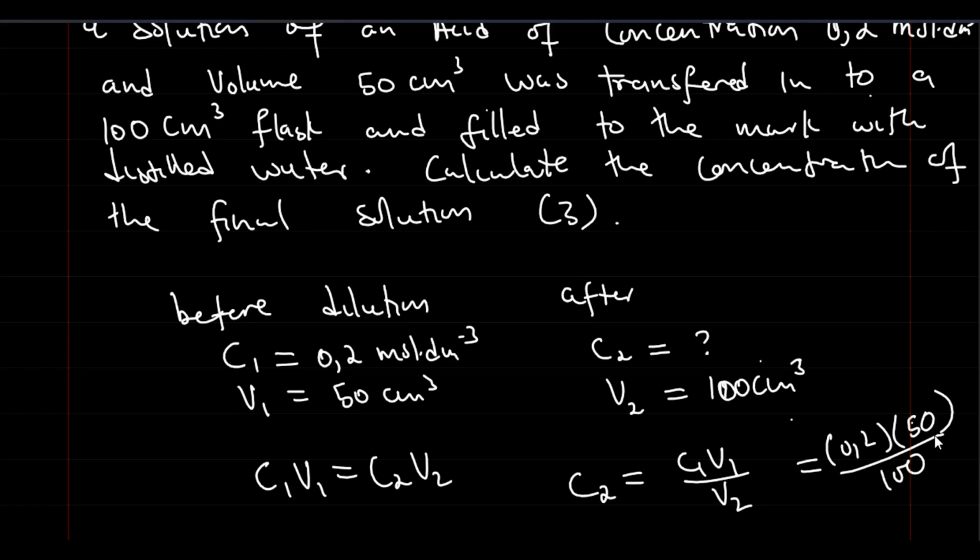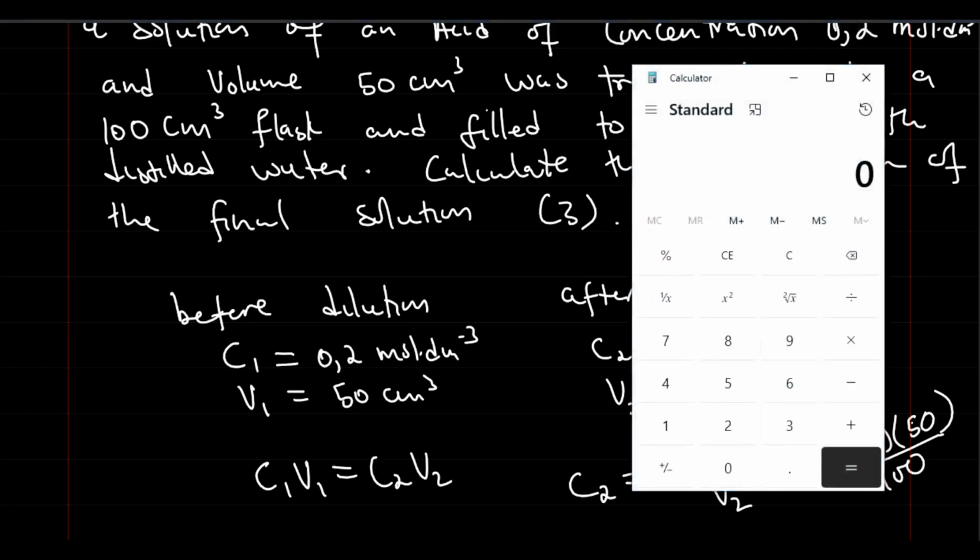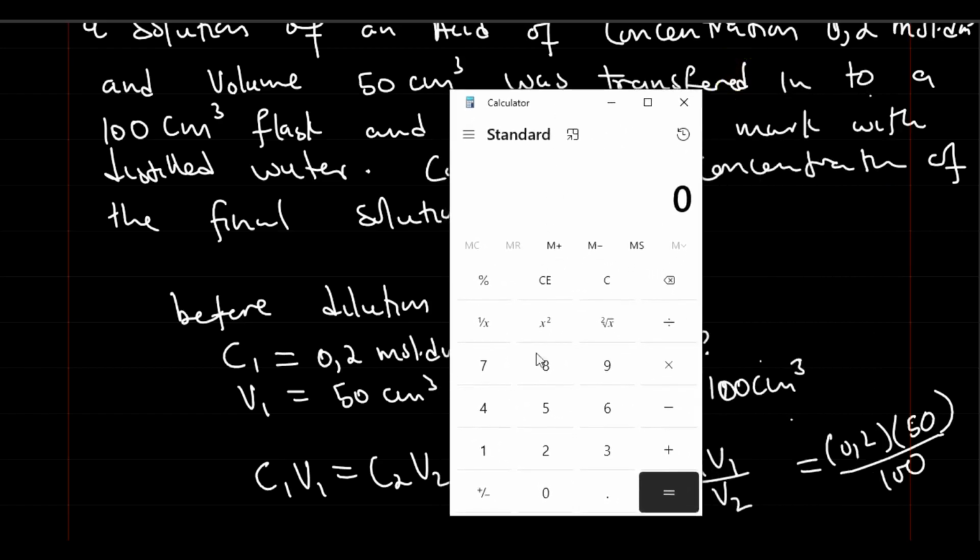Okay, now, I cannot find my calculator, so I guess we'll use this one. So 0.2 multiplied by 50, how much? It's 10.